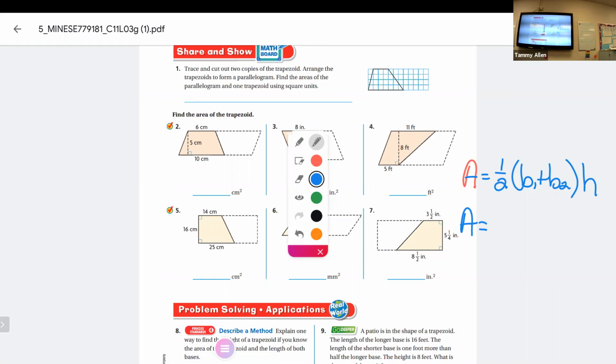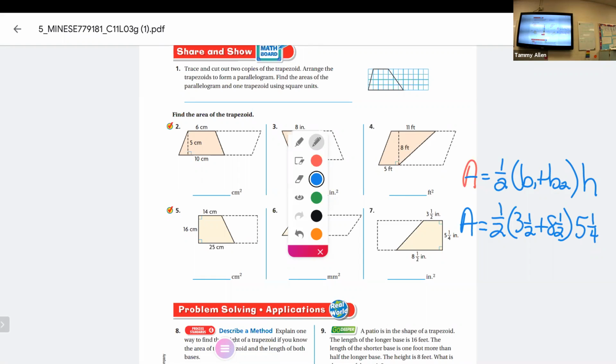Here we go. What are we doing for our bases? Audra? 3 and 1/2 plus 8 and 1/2? Yes. Can we do that? And our height is 5 1/4? Okay. Do we need to have common denominators yet?